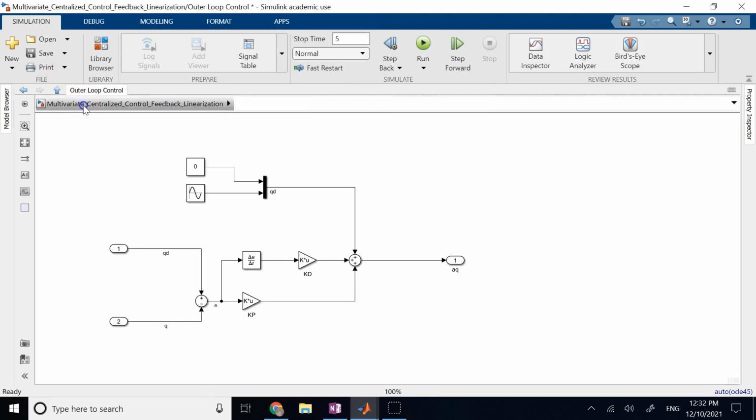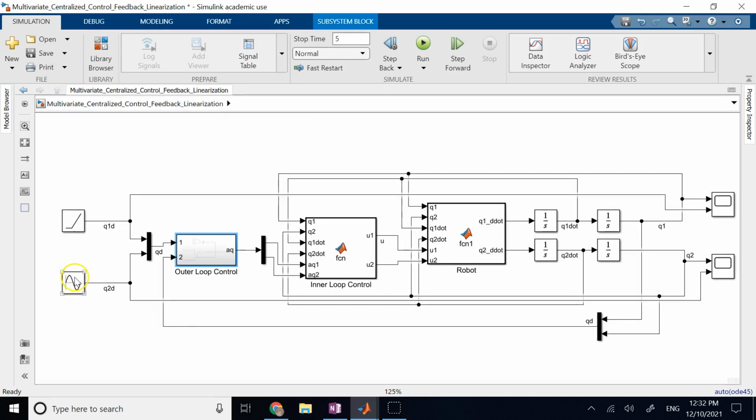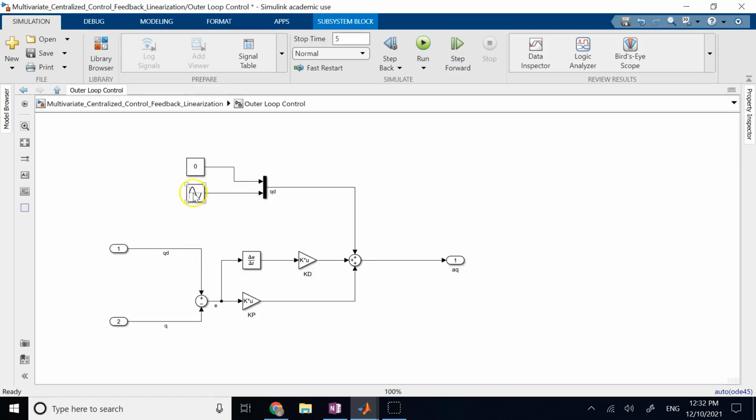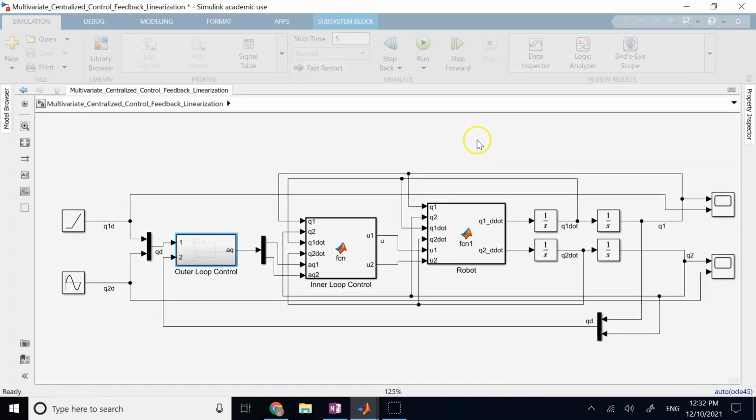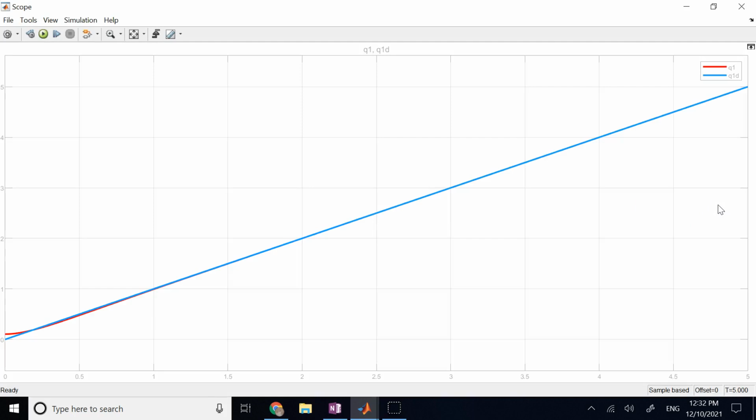Since we know ahead of time what kind of desired function we want in most applications, calculating the double derivative of that offline is not a big deal. And here we go, we simulated for 5 seconds, and again you see your ramp function is very fast converging, as well as your sine function.